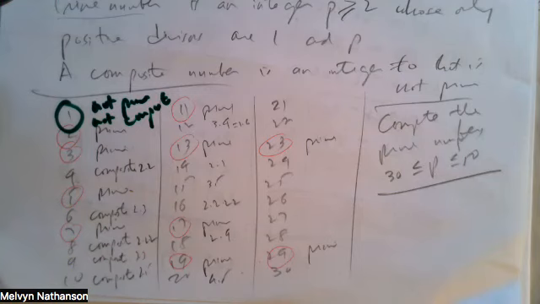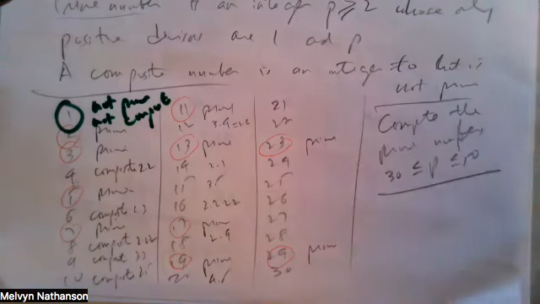What's the first number after 30? 31. Very good. Is 31 prime or composite? Composite. What divides 31?